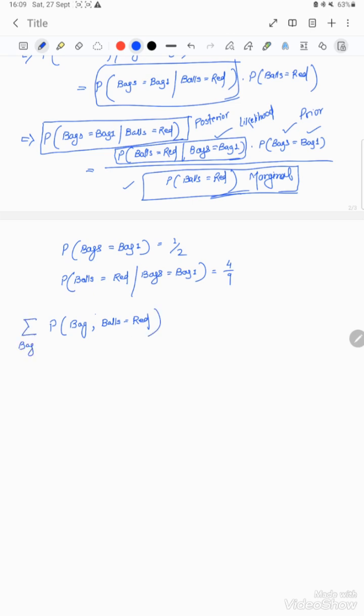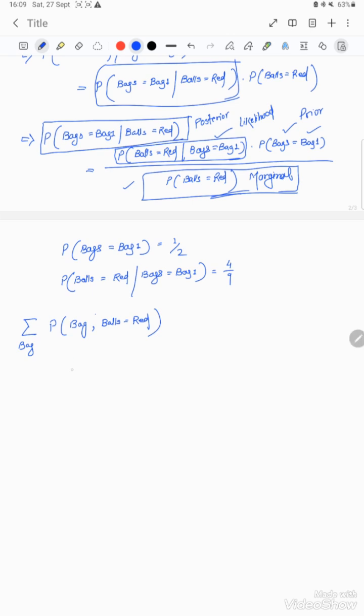This is what marginal means: you have one joint distribution and you stick to one particular outcome and look across all possible outcomes of the other event. Here I will sum over all bag types of samples, provided I only stick with the red balls. That means how many red balls are present in bag 1, how many in bag 2, and I will calculate like that.